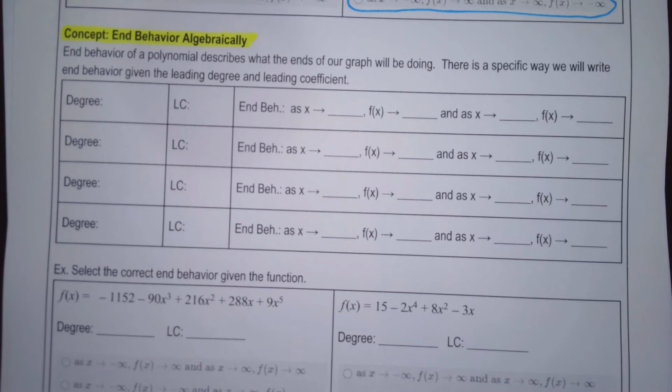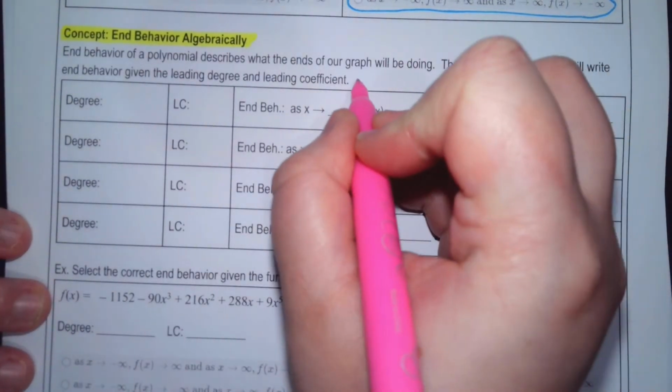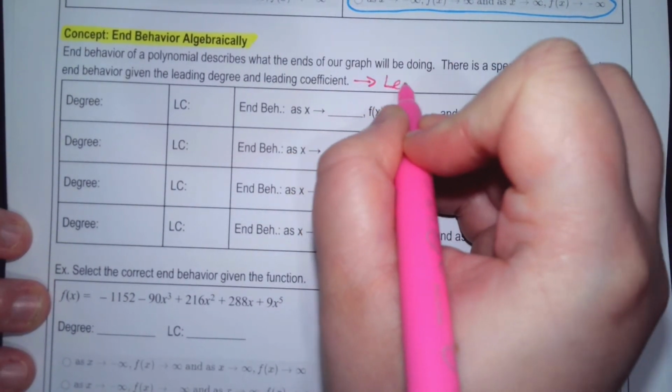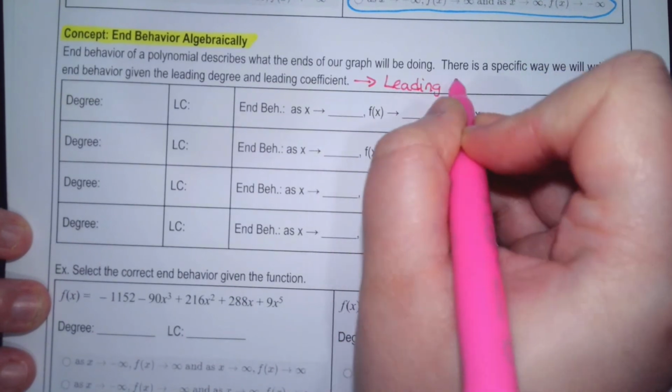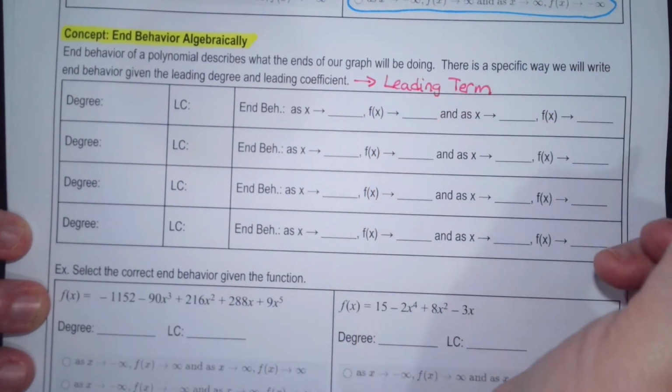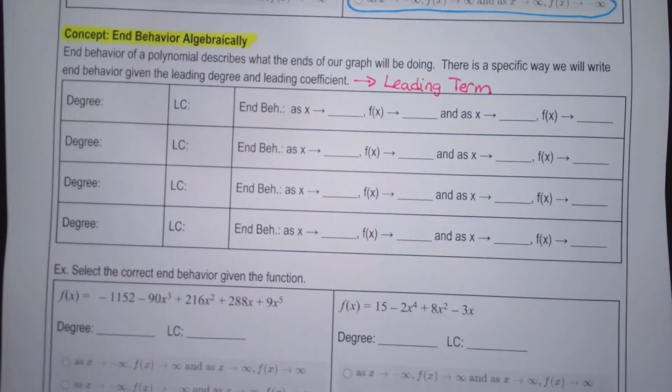End behavior of a polynomial describes what the ends of our graph will be doing. There's a specific way we will write end behavior given the leading degree and leading coefficient. This means we need to look at our leading term. And remember, our leading term is when it's in standard form.